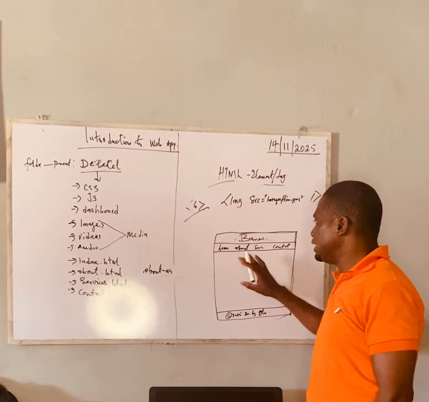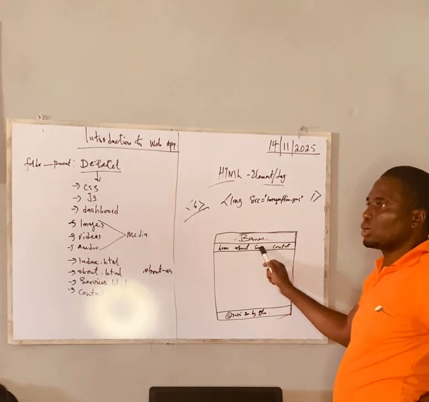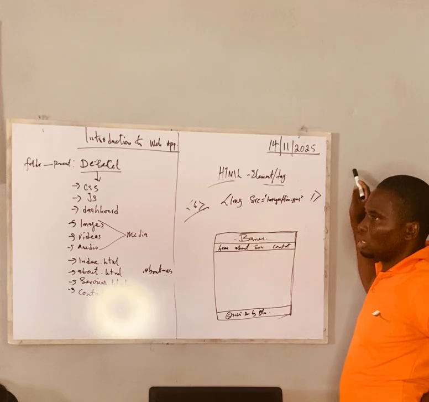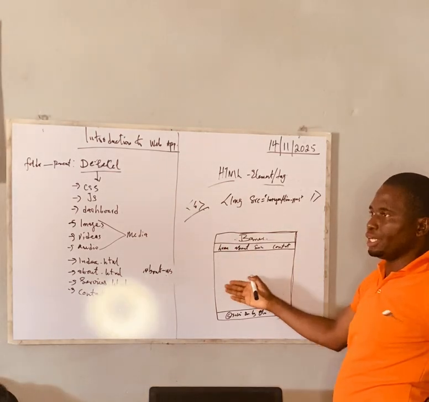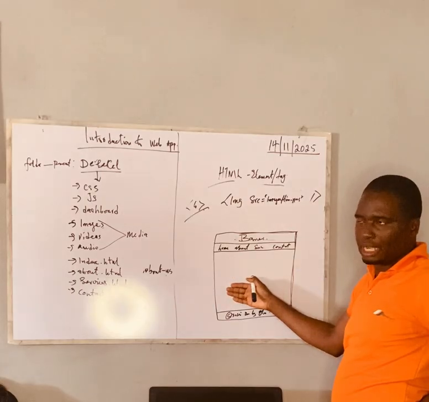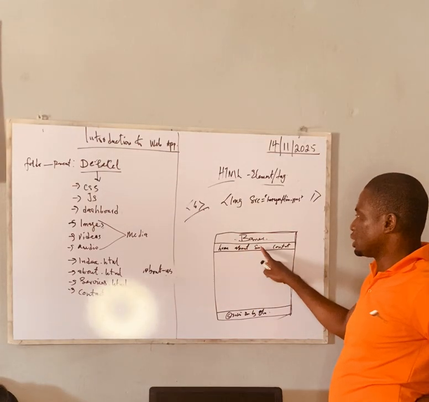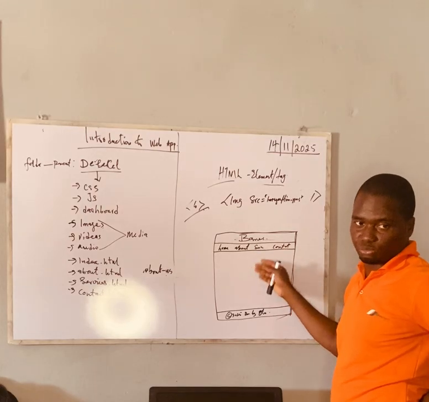Good. Then here now, pay attention. When you click home, it should display the home page. Are we together? When you click about, it should display about. When you click services, it should display this. If you click this, it should display this.